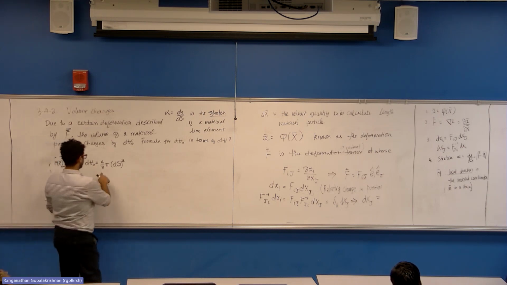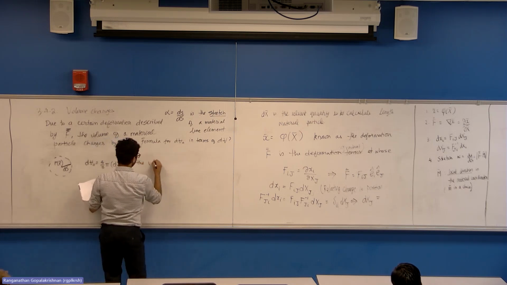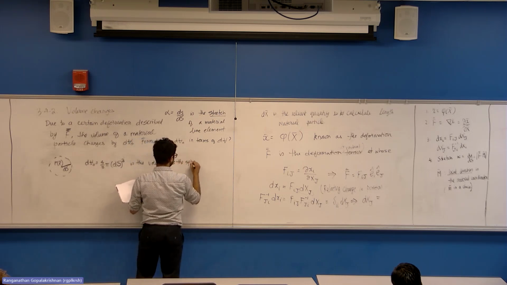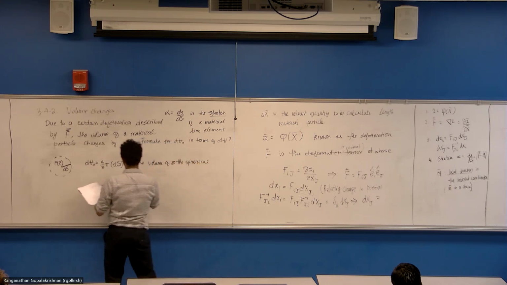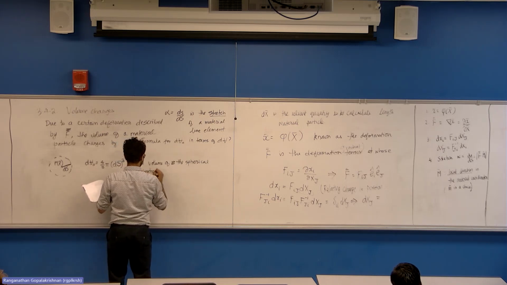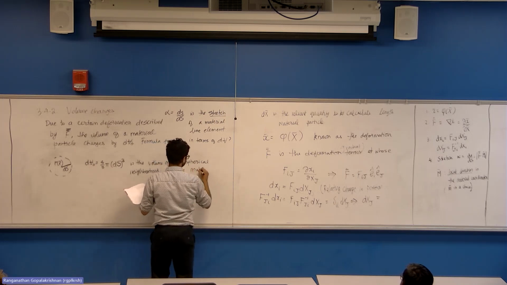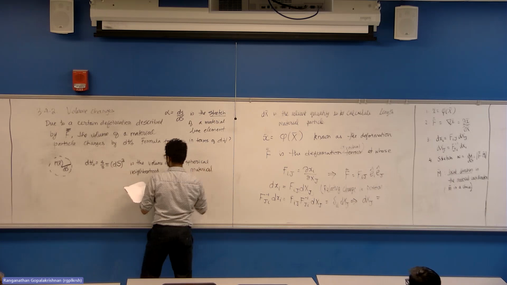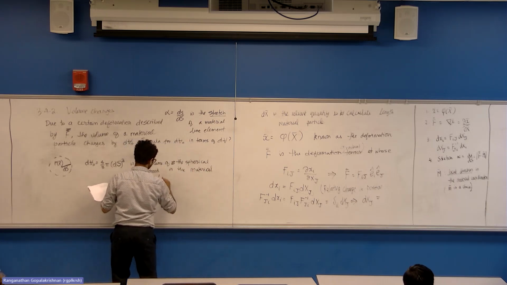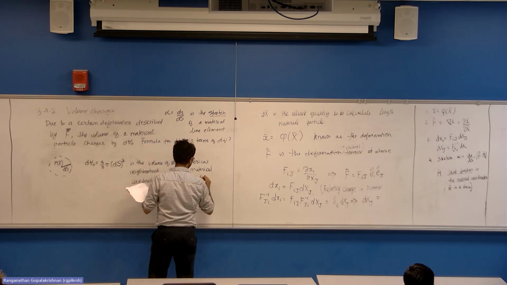dV naught equal to 4 by 3 pi ds cubed is the volume of the spherical neighborhood in the material coordinates, or equivalently called reference configuration.